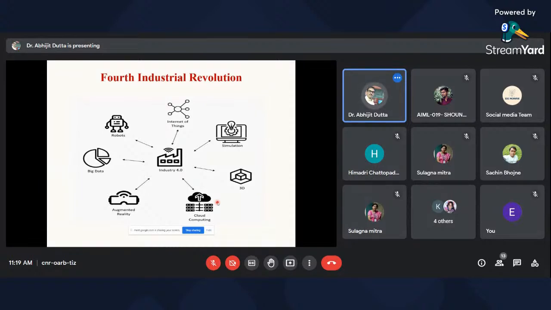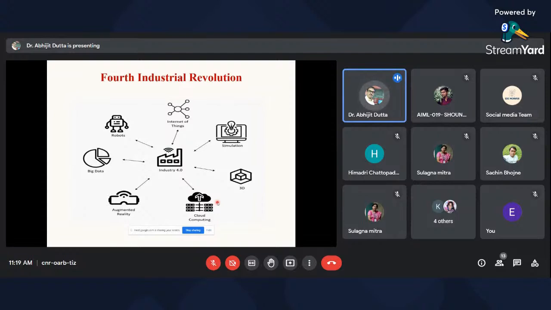For example, if you consider pantoprazole, which is very widely used as an anti-acidic or proton pump inhibitor, it is available in the market in 20 milligram and 40 milligram. If somebody requires 25 milligrams, how do we produce that 25 milligrams? Because it is not available in the market right now.